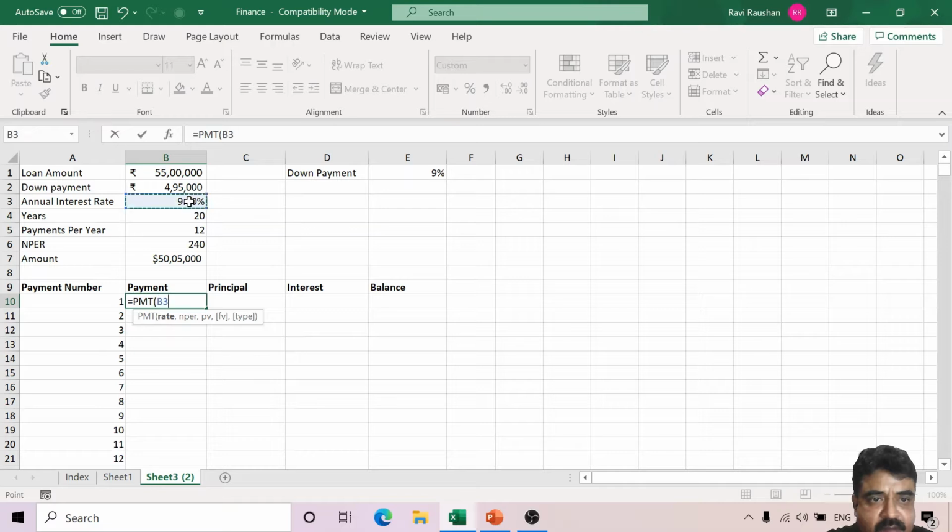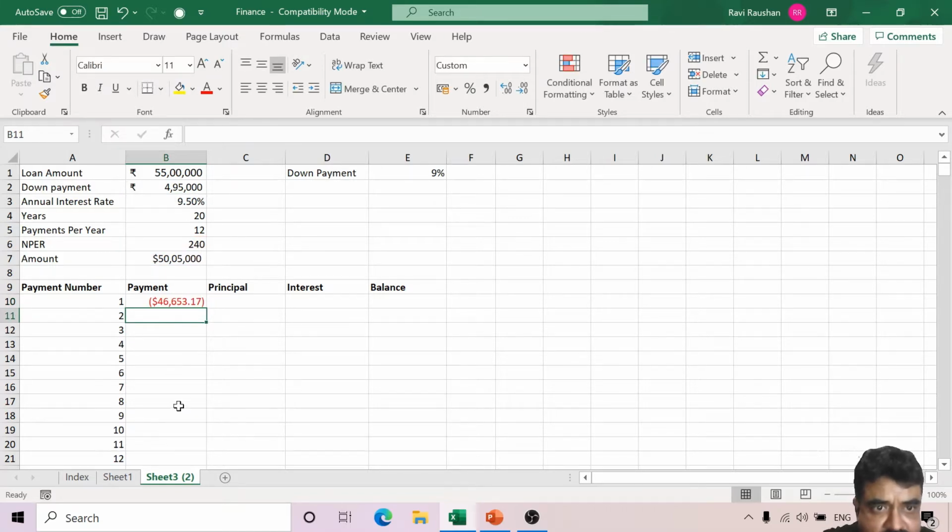Here, let me calculate the installment that I will pay per period. So this is the rate of interest compounded monthly, divided by 12. Then it is asking for NPER. I've already calculated the NPER, and this is my present value. This is the installment that I have calculated, and I remember the installment will be the same throughout.